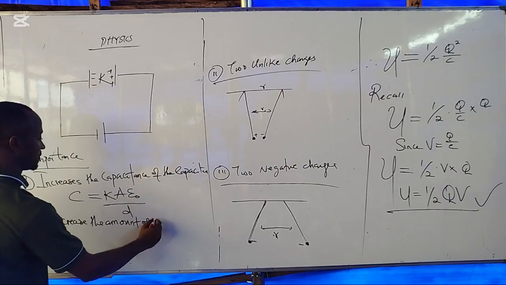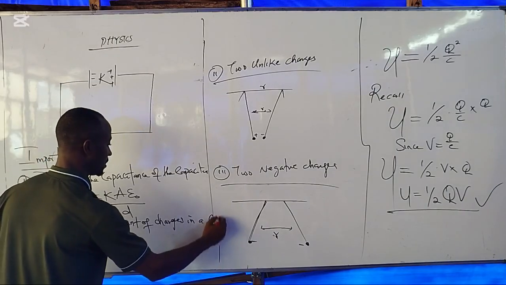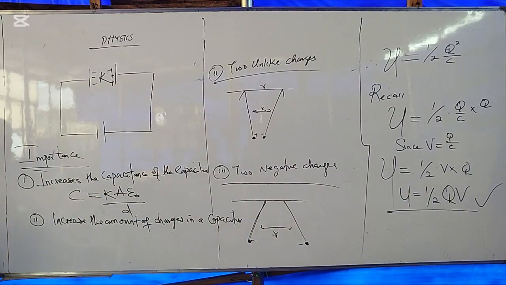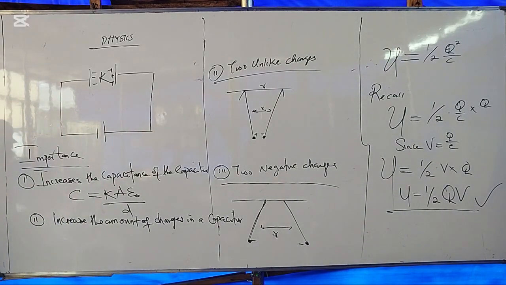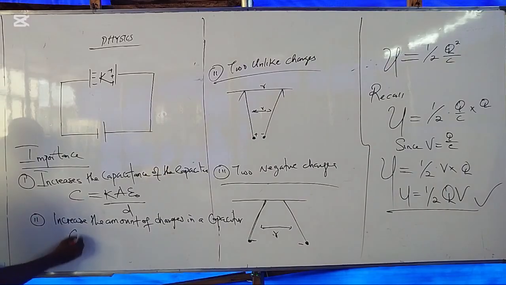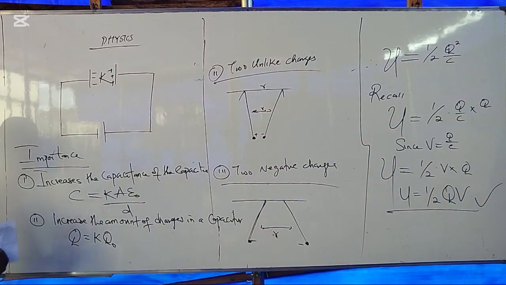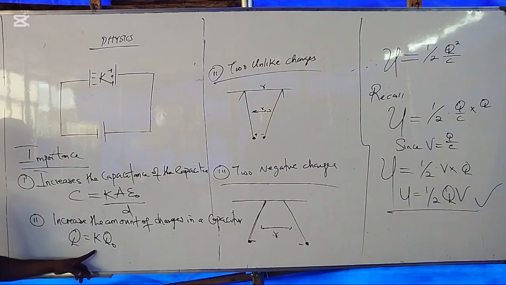Number 2 is that it increases the amount of charge in a capacitor, by Q equals KQ naught. Let me explain this.